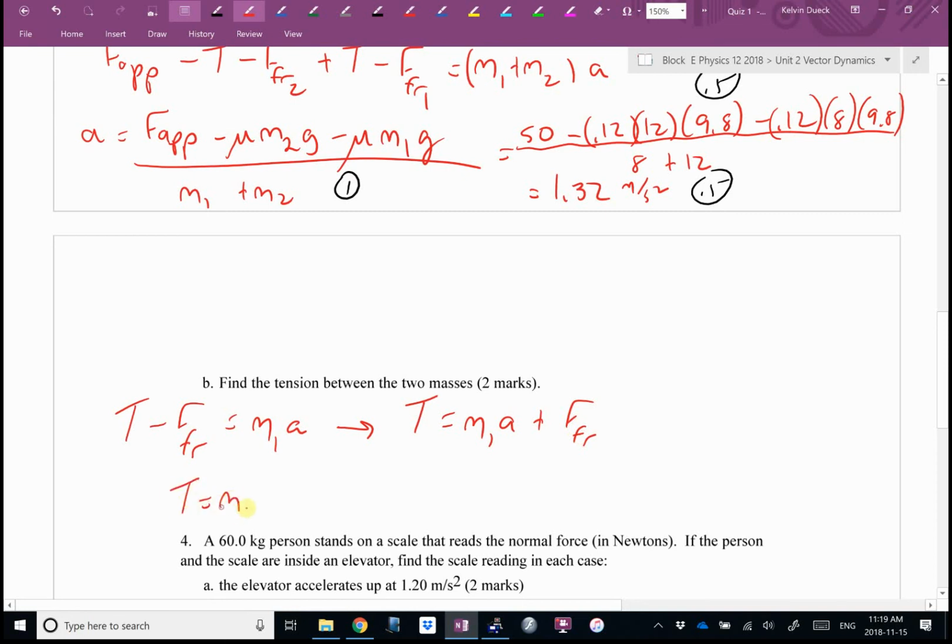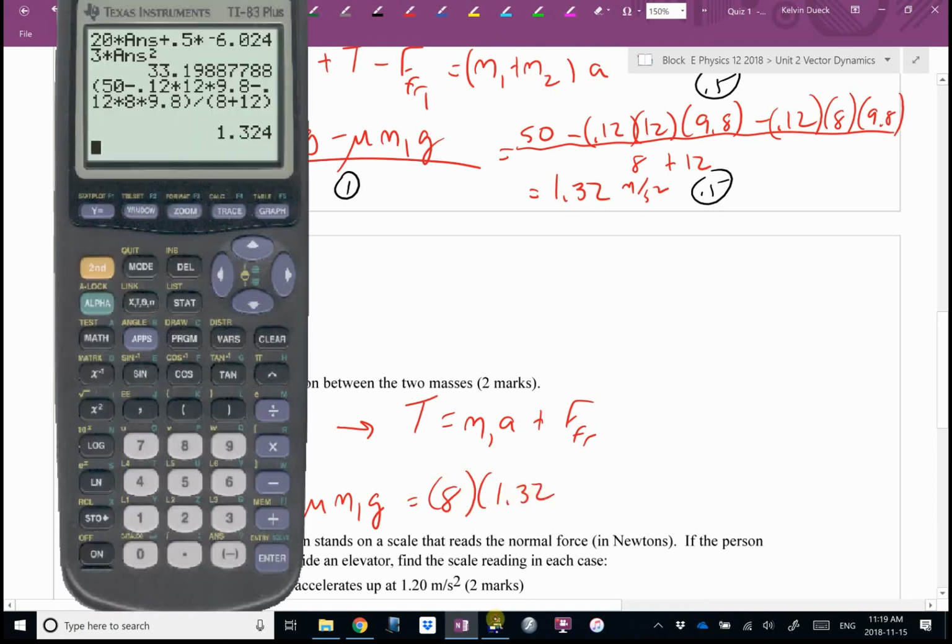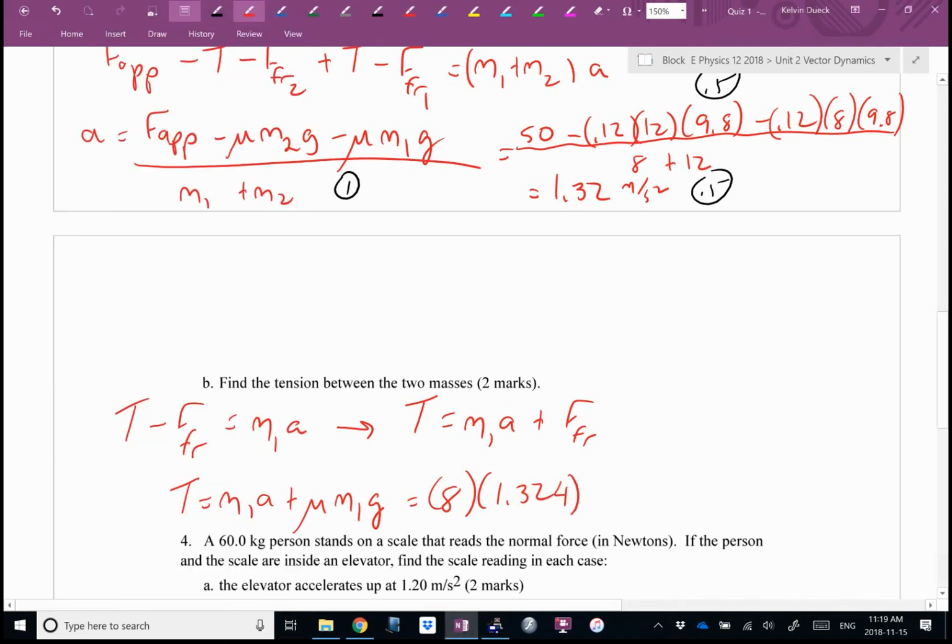Tension is going to be M1A plus mu times the normal force. I don't know the normal force. Oh, but look, another force the same size as the normal force. So it's going to be 8 times 1.324 plus mu 0.12 times 8 times 9.8.